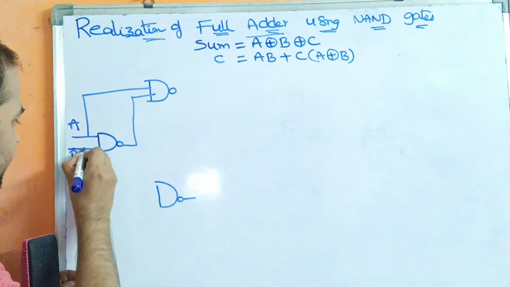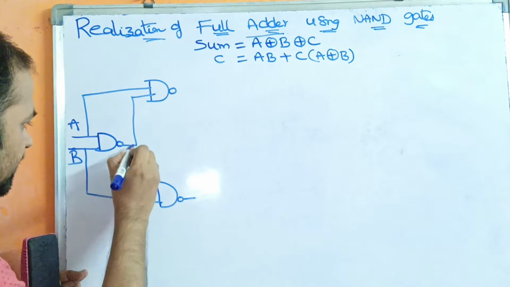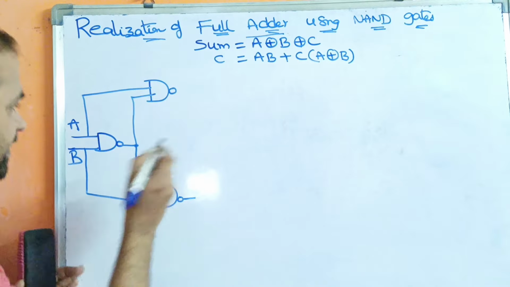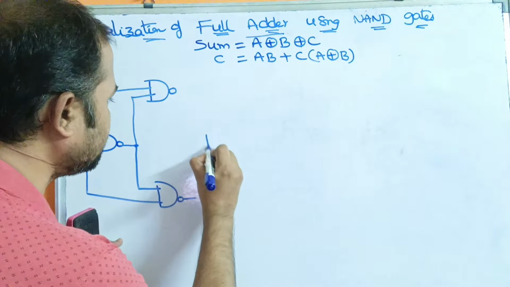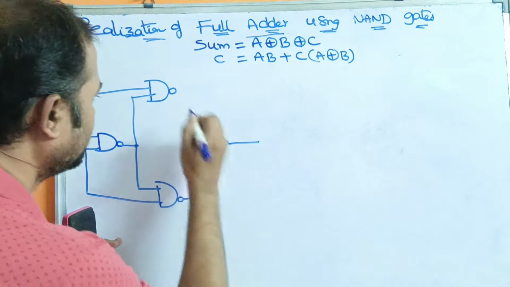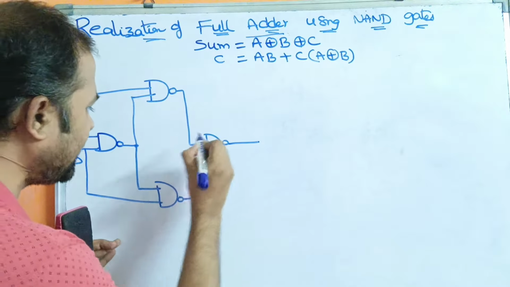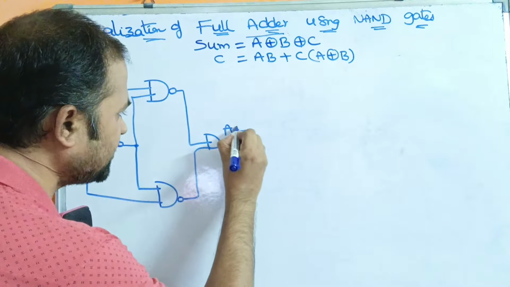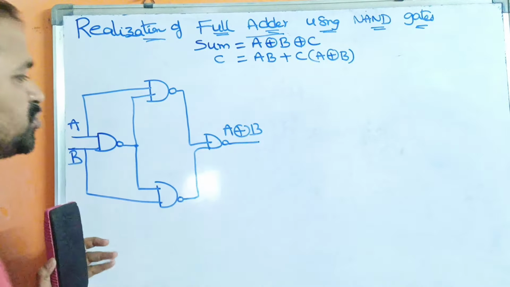Next, the third NAND gate receives input from B and the output of the first NAND gate. And the fourth NAND gate receives input from the output of the second NAND gate and the output of the third NAND gate. So this fourth NAND gate will produce A exclusive OR B.